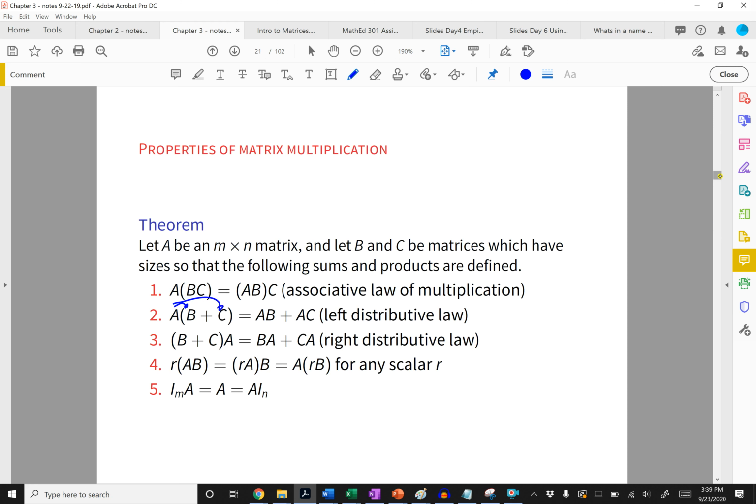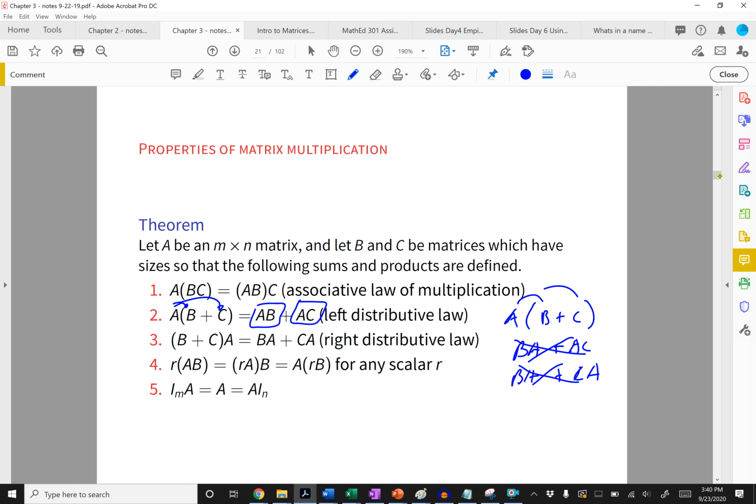You can distribute matrix multiplication over matrix addition, but you have to be careful how you write these. After you distribute it in, you can't say BA plus AC, or BA plus CA.